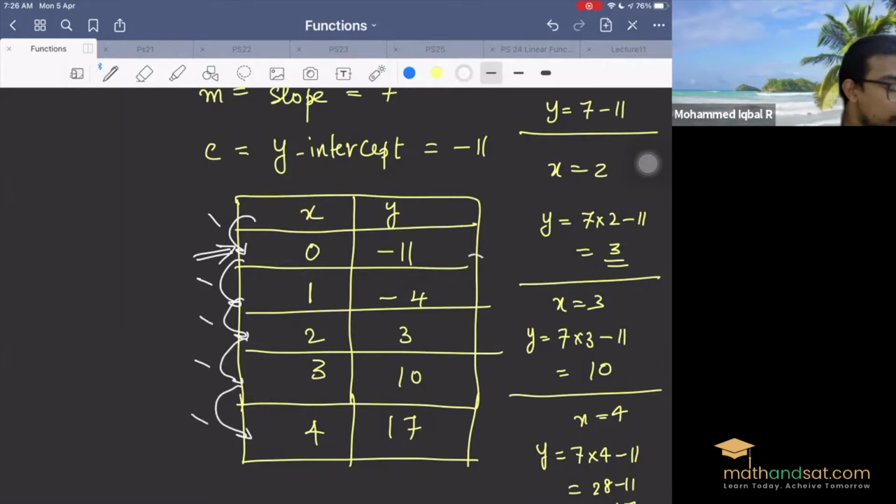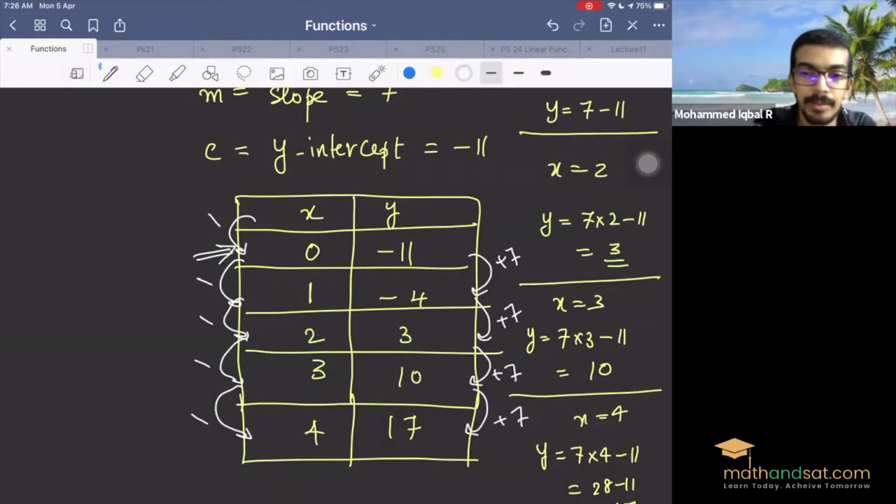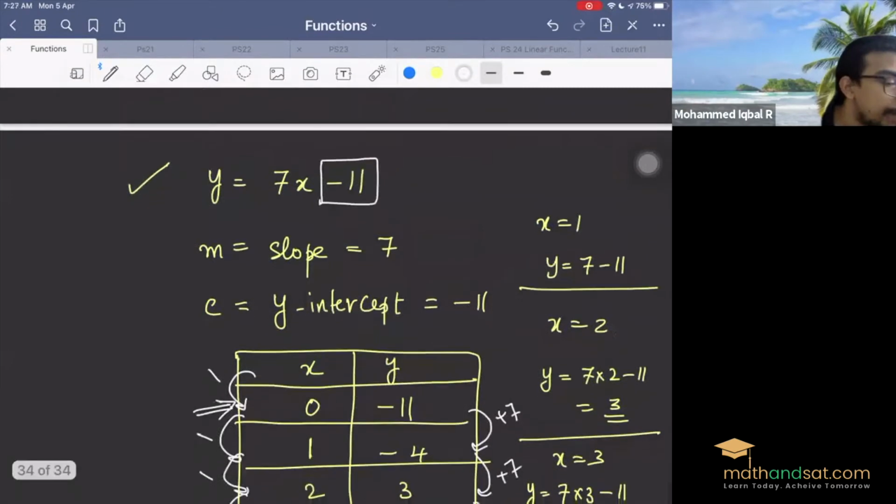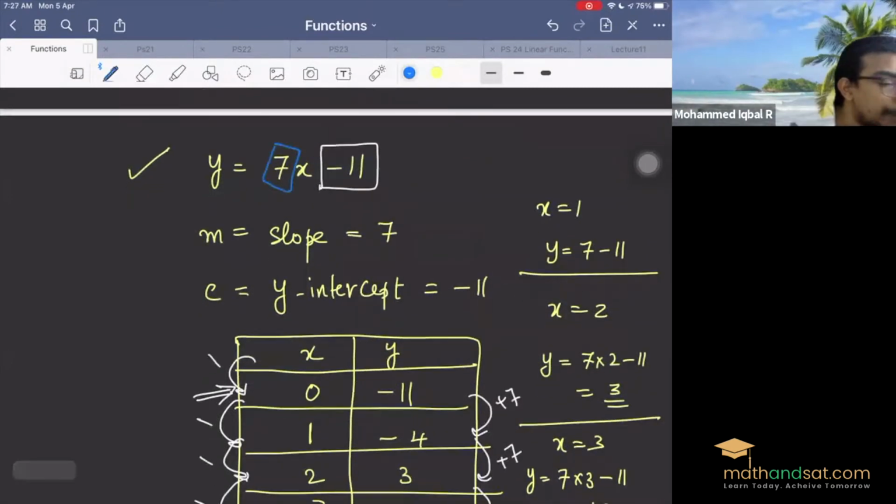And here the output keeps getting changed by plus 7 units, right? Is that a coincidence? No. It is not a coincidence. It is decided by the number 7.